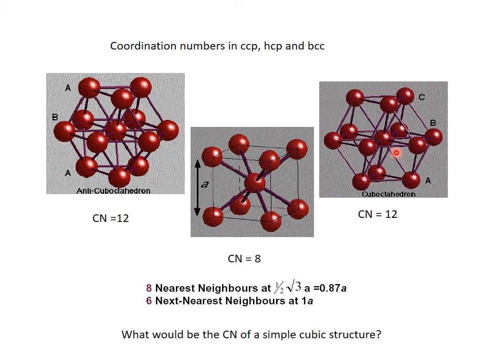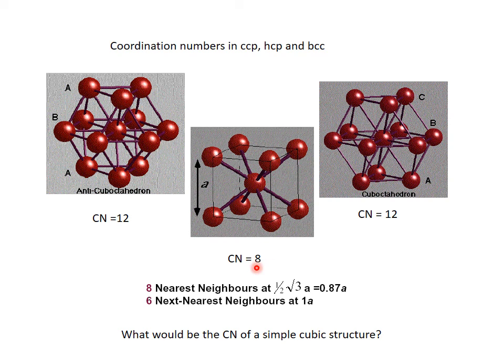Okay, so now what about the body-centered cubic structure? You can see here that in the case of the body-centered cubic structure, which is less dense, the coordination number is only 8. So each atom is surrounded in a cubic way by 8 other atoms. However, the next nearest neighbors are not much further away.